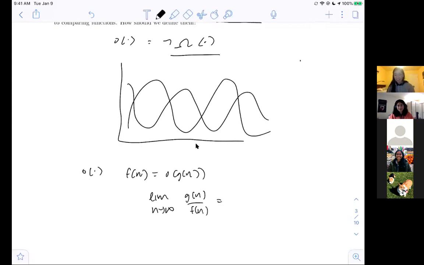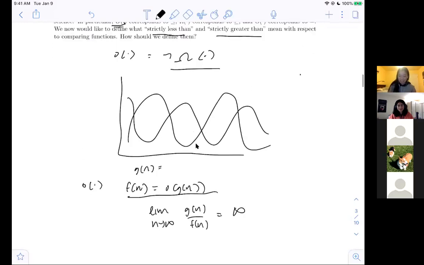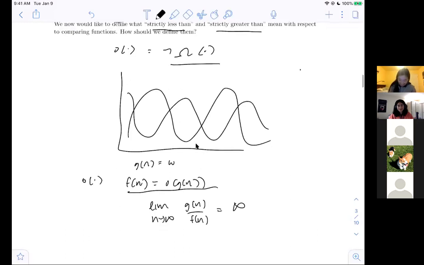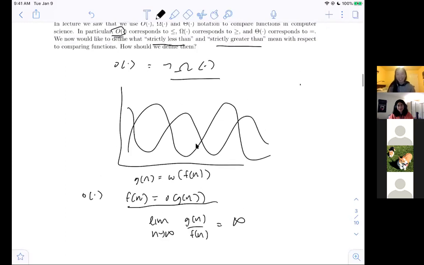If this is equivalent to infinity, then we know that g of n increases greater than f of n asymptotically, which means that f of n is now little omega of g of n, and g of n is strictly greater than. We use a little omega for strictly greater than, and a little o for strictly less than. This is how we can define it, because we can't just take the not.